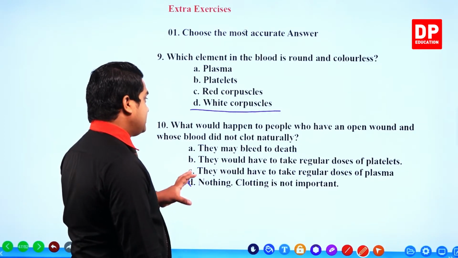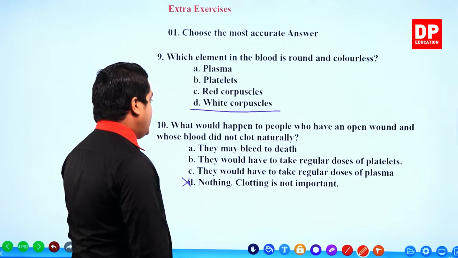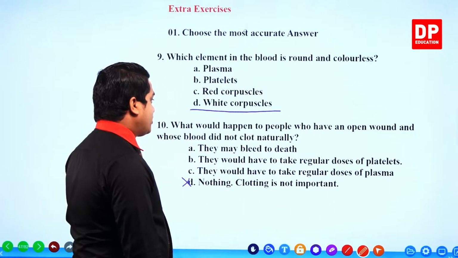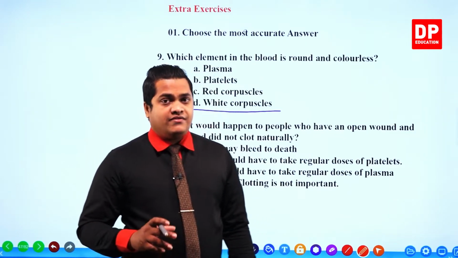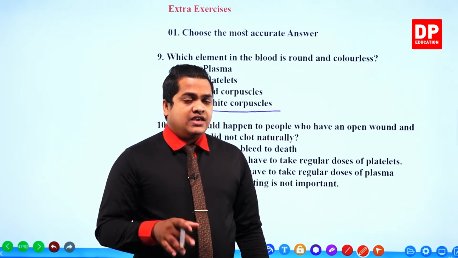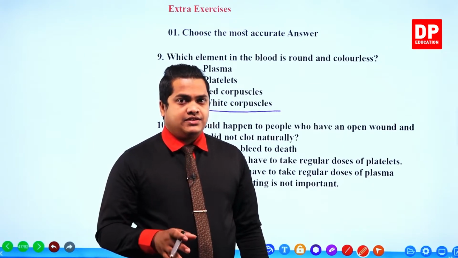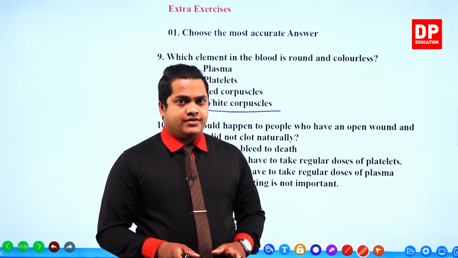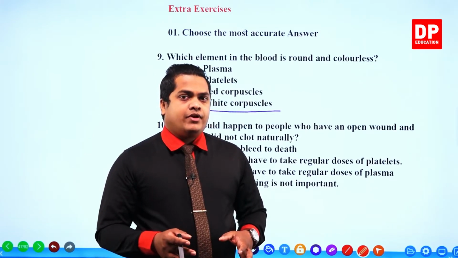The question is asking what would happen to the people who have an open wound and whose blood did not clot naturally. If a person is not able to clot his blood upon a wound due to any kind of disease or other factor, it can be a genetic disorder or whatever, right?